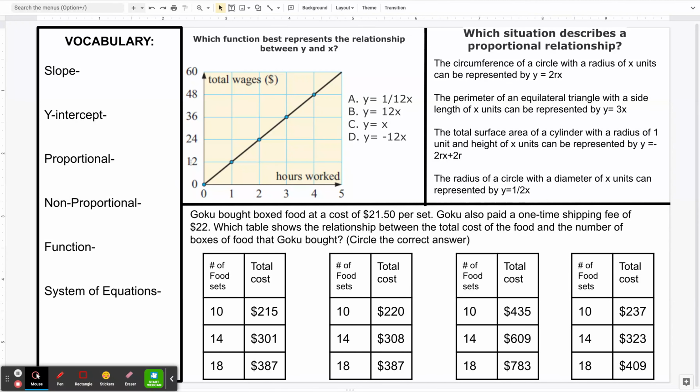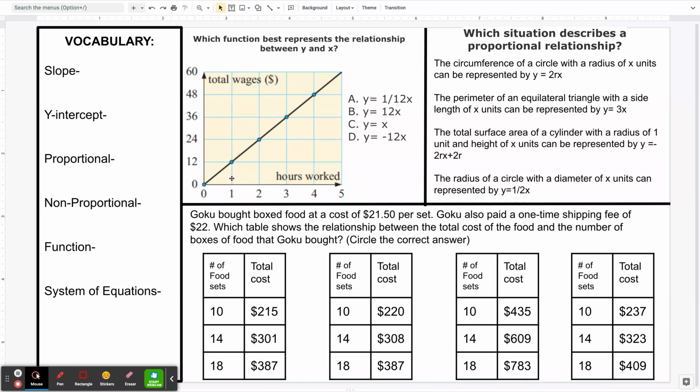Well, proportional means it goes through the origin. So if we go through the origin right here, that means there's nothing at the end of it, right? There's no plus something, there's no minus anything, it's all just proportional. Well, they're all proportional, so that trick didn't help us.